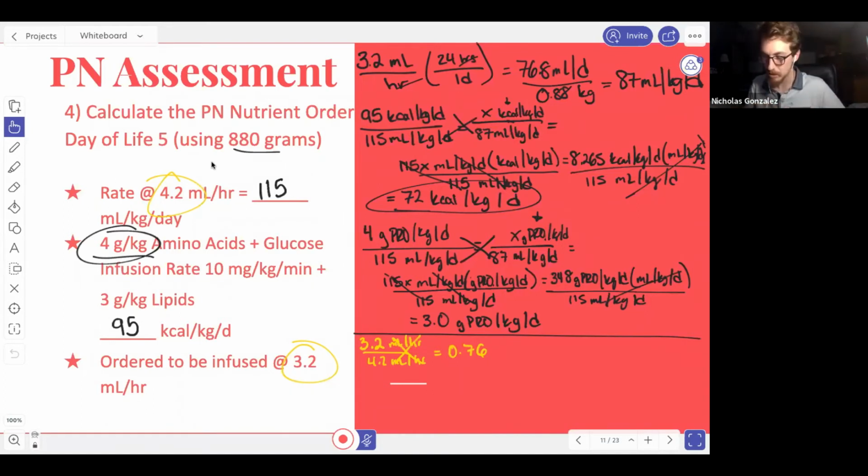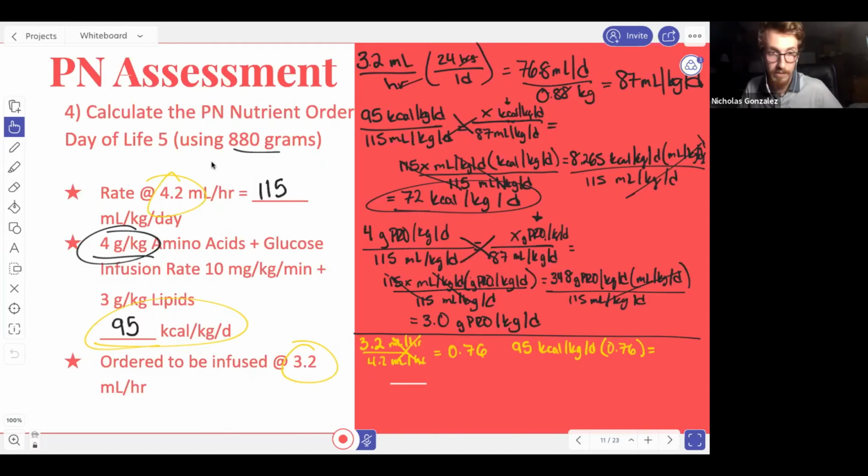Okay. So if we wanted to figure out the difference in calories based off of this ratio, then we would take that initial calories that we had, which was 95, and multiply it by this ratio here, the 0.76 or 76%. Just remember that if you're using percent, then you don't multiply it by 76. You have to put it into decimal form, which is 0.76.